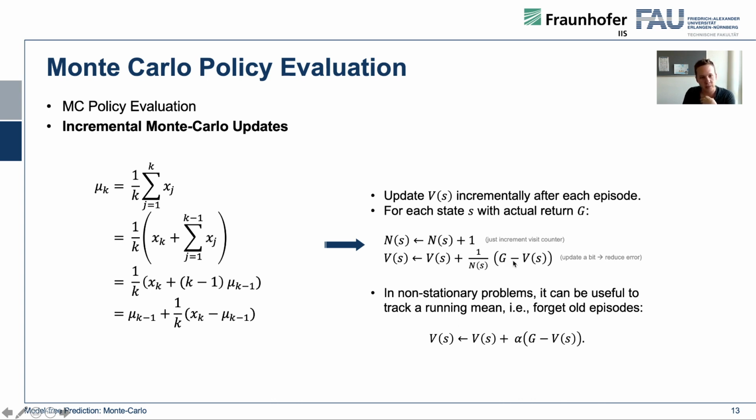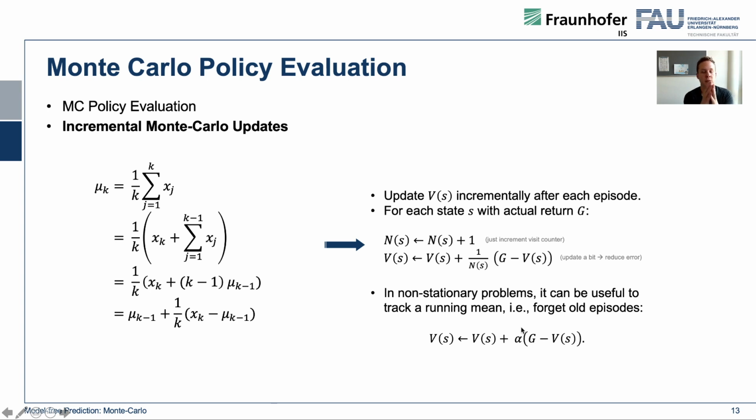One thing to mention at this point is, maybe you do not want to use the state visitation counter, but something like a value alpha, also called a learning rate, which relaxes the original problem a little bit.